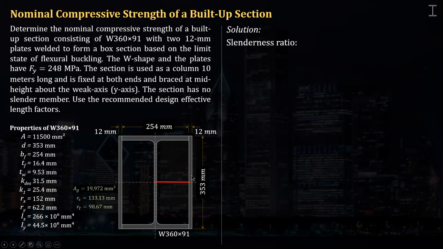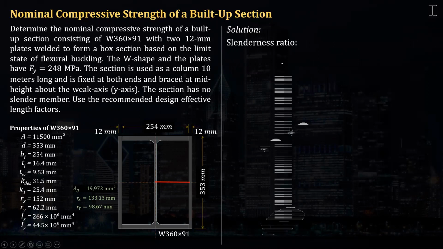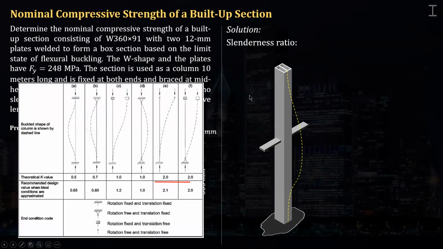So let's calculate the slenderness ratios with respect to X and Y. Well, the limiting slenderness ratio for inelastic buckling is 4.71 square root of E over Fy.